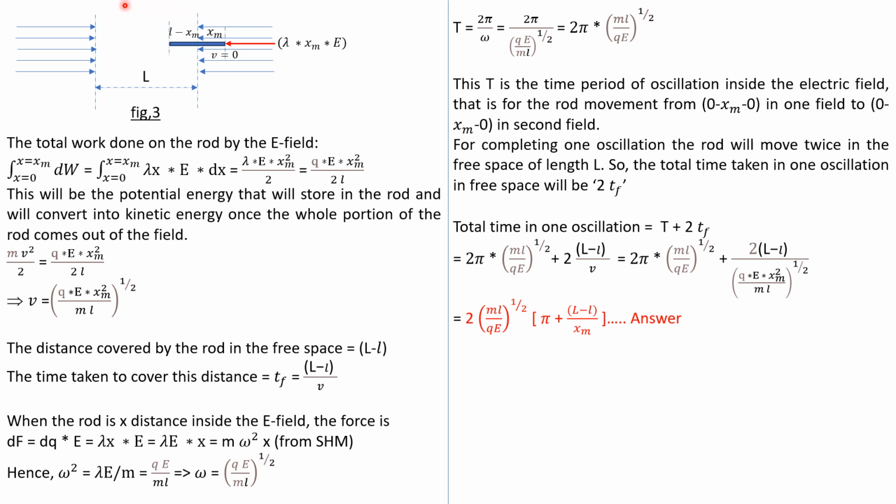Now, how much total time has the rod spent inside the free space? One will be from here to here and the other from here to here. From here to here is Tf, and the velocity is the same while going in this direction or coming back. So we can say 2 times Tf will be the time spent inside the free space by the rod.